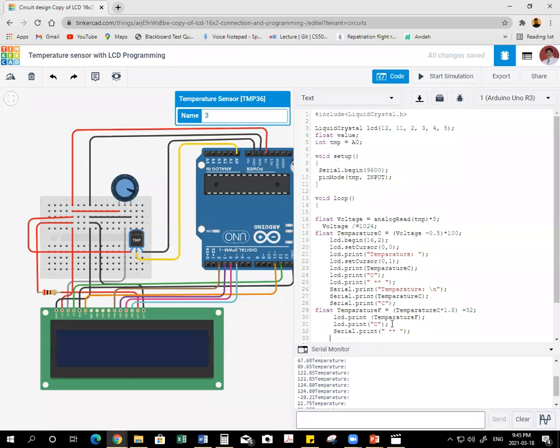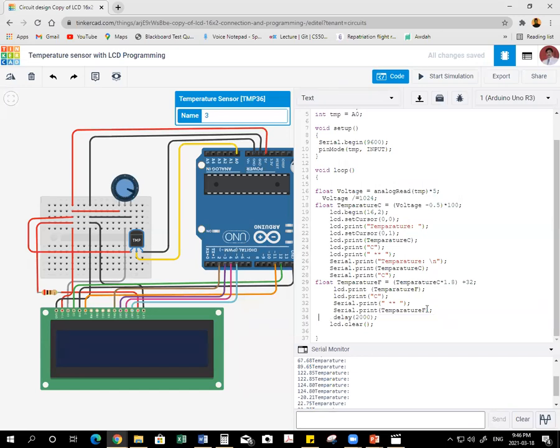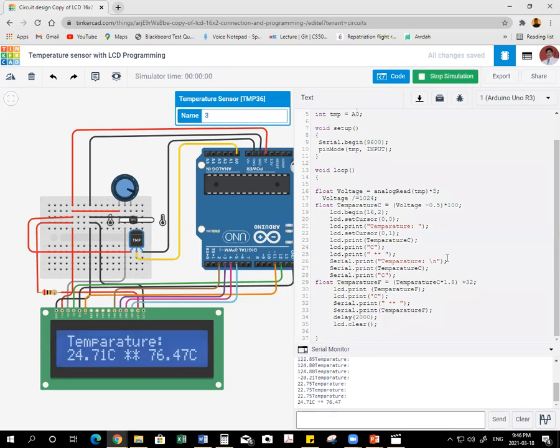Okay, serial dot print, I am printing now the value temperatureF. Yes. Now we have the delay. Okay, this is finished. Now see the output. Maybe some problems. Alhamdulillah.